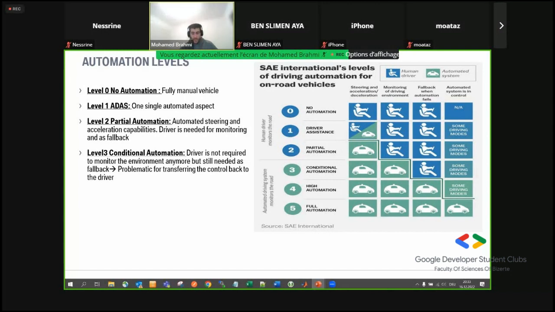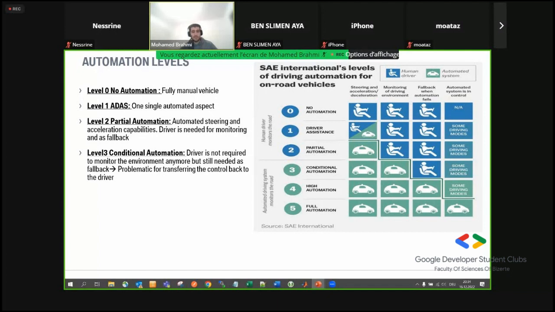Because previously, this came maybe 4 or 5 years ago, before that, everyone was trying to use his own levels to describe the autonomy of his system, and it was too confusing. That's why this institution introduced these levels, and they are accepted by everybody.